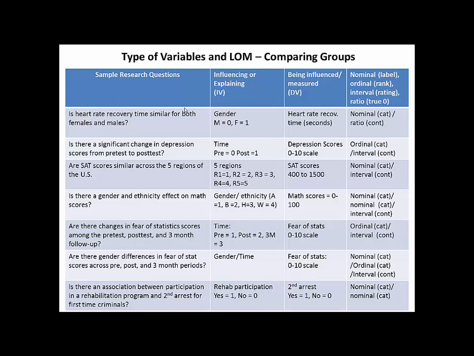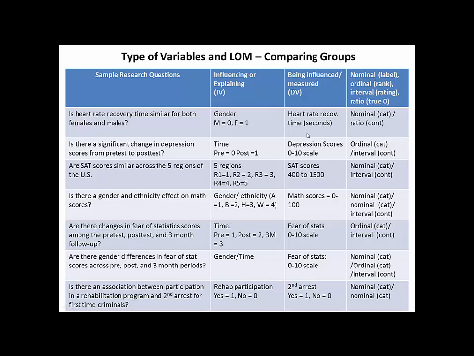The independent variable is the thing that we believe is going to influence heart rate recovery time, and that is male or female, or gender status. So gender is the independent variable, and we're going to categorize gender as male and female, where male is 0 and female is 1. So that is going to be a nominal variable.